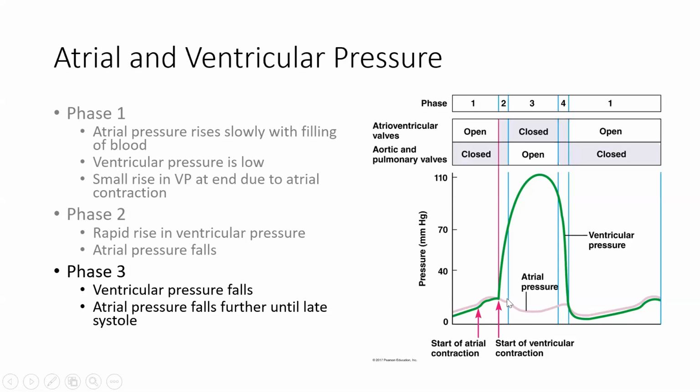Remember, phase two and phase three comprise systole, and towards the end of systole, that's when we finally have the atrial pressure rising again. But for the most part, it will fall further as the ventricular pressure rises to get that blood out, but then eventually falls. So we can see this sharp peak in the ventricular pressure, and that is indicating that blood is moving from the ventricle into the artery.